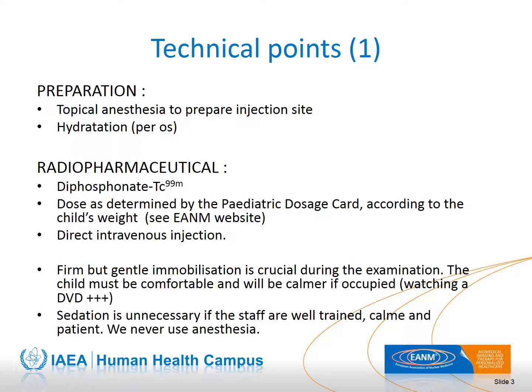The radiopharmaceutical is the same as for adults, a diphosphonate labeled with 99m technetium. The dose is determined using the pediatric dosage card provided by the EANM. It's available under open access on the EANM website.